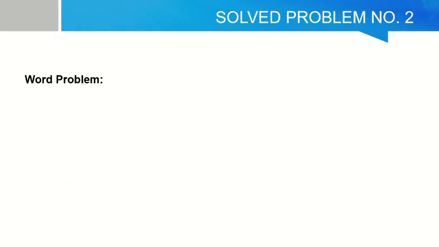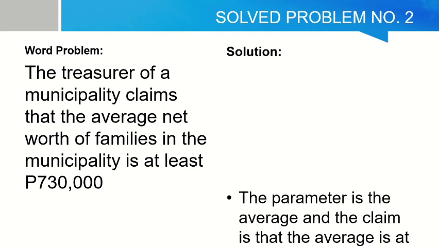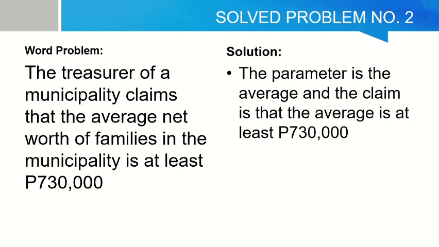So problem number 2. The treasurer of a municipality claims that the average net worth of families in the municipality is at least 730,000 pesos. So your solution, the parameter is the average and the claim is that the average is at least 730,000 pesos.